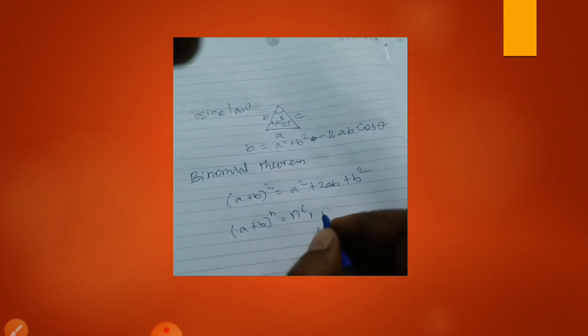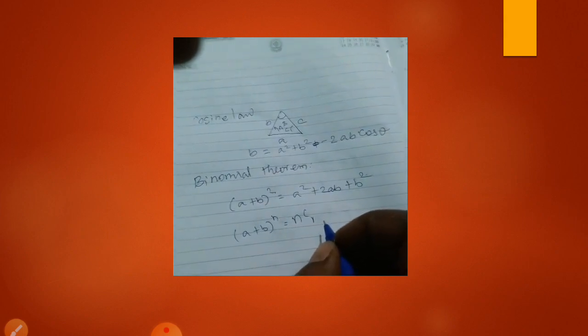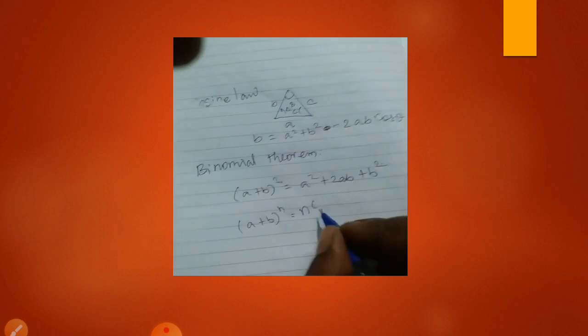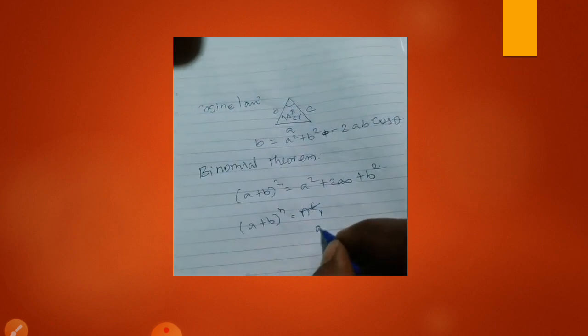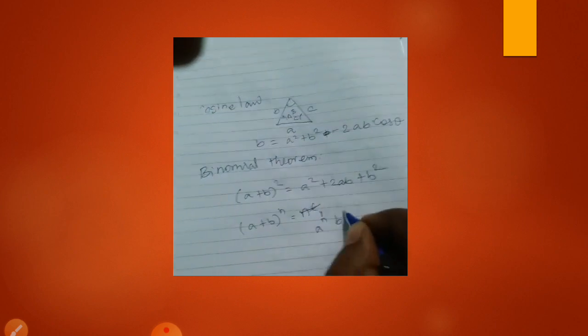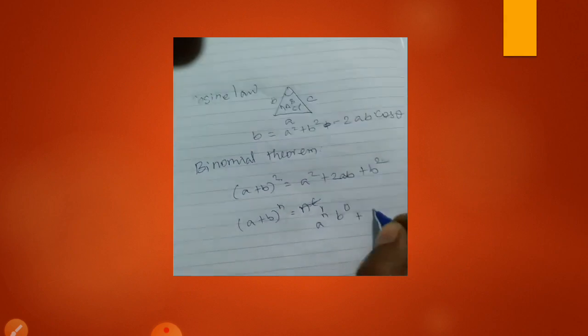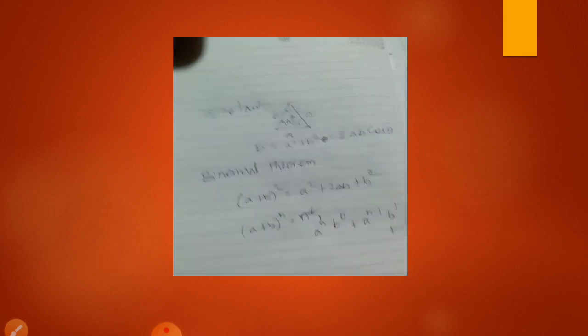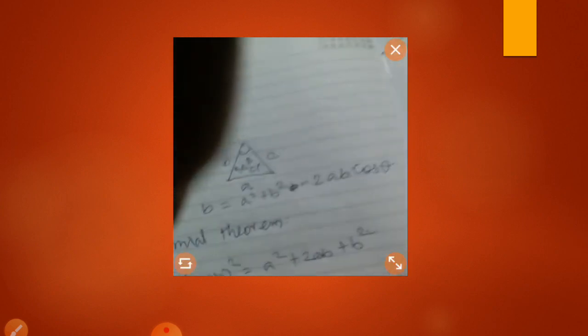It will come like A to the power n and B to the power 0, plus A to the power n minus 1 and B to the power 1, plus etcetera it will go on. These are the things I am going to use. Now come back to our topic.